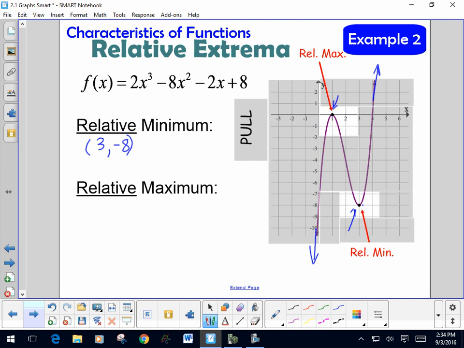Or another way, and maybe a preferred way of writing it, would be to say that f(3) = -8. It has a relative minimum value of -8, and that happens at the x value 3. The relative maximum is at the point (1, 0), or another way of writing it would be that f(1) = 0.